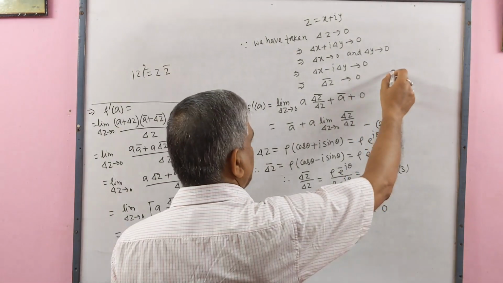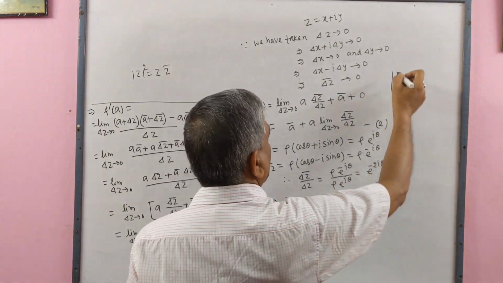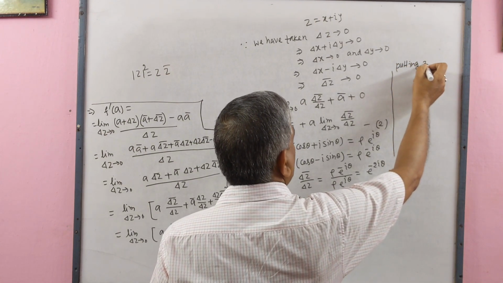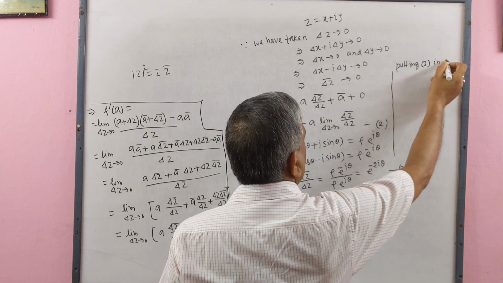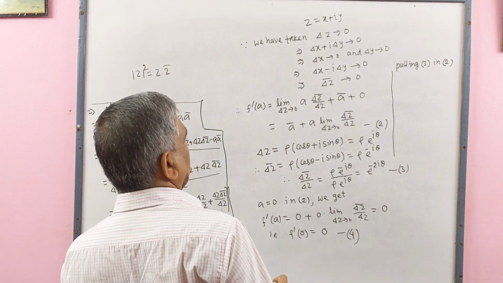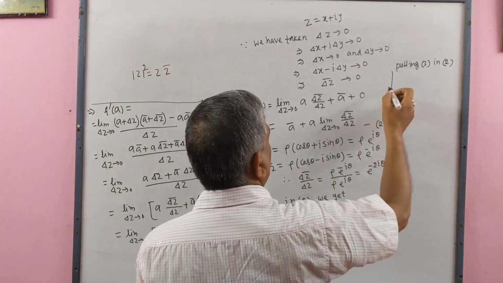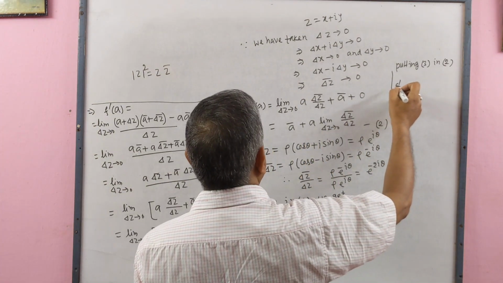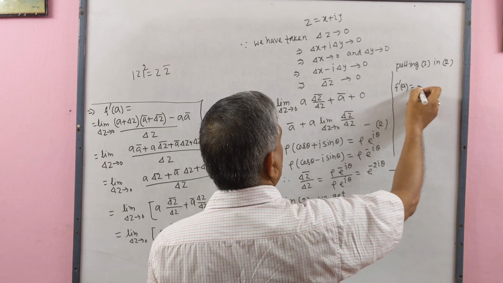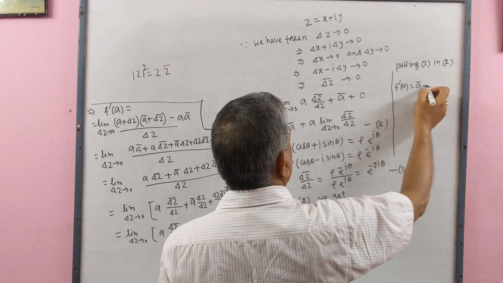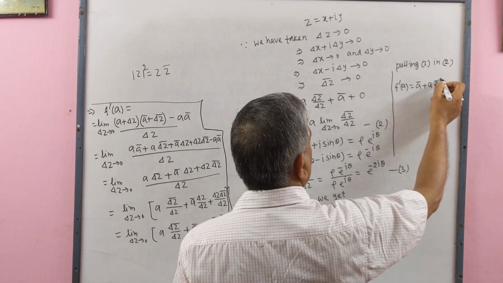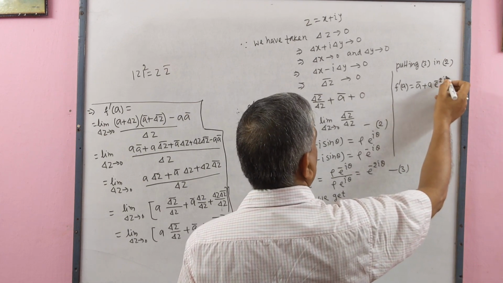Putting the value of theta from number 3 into number 2, we get f dash a equal to a bar plus a e to the power minus 2 i theta.